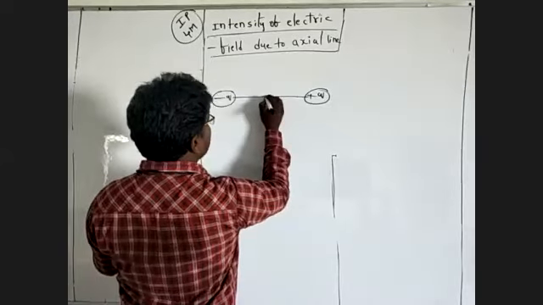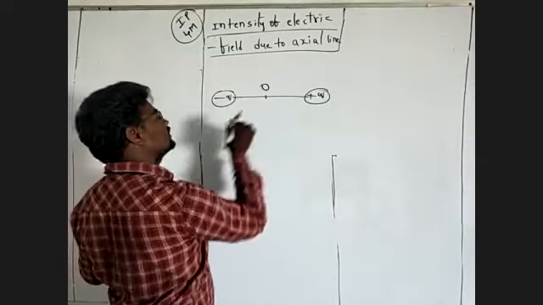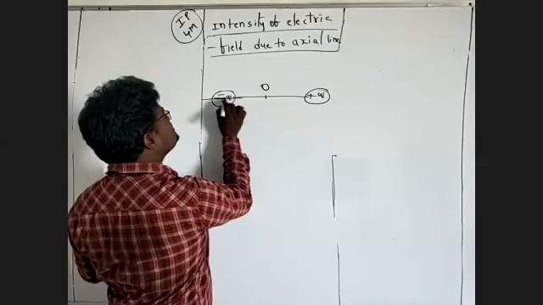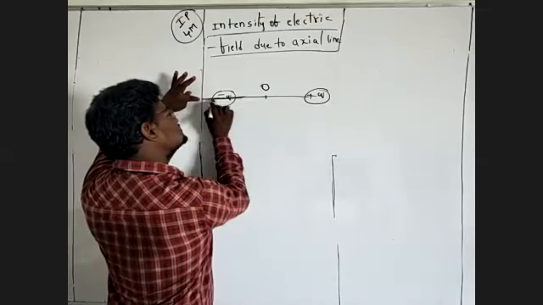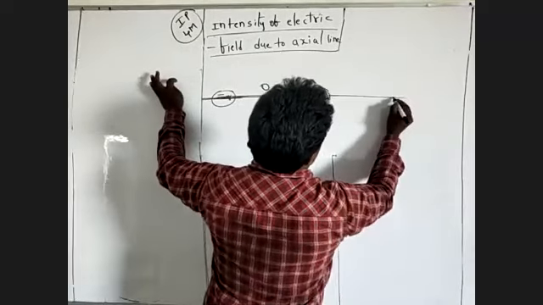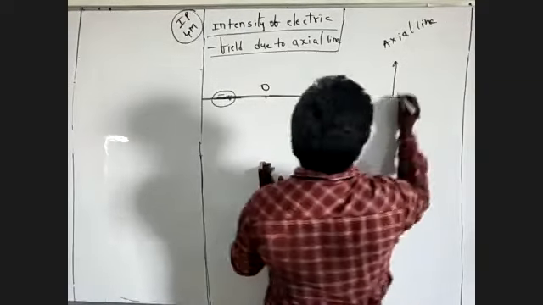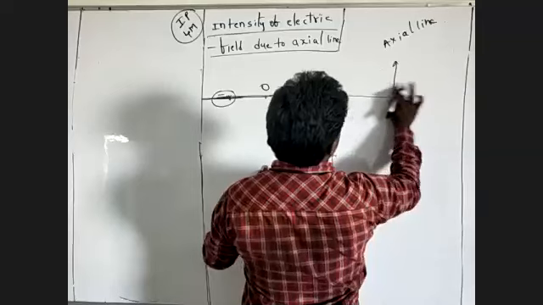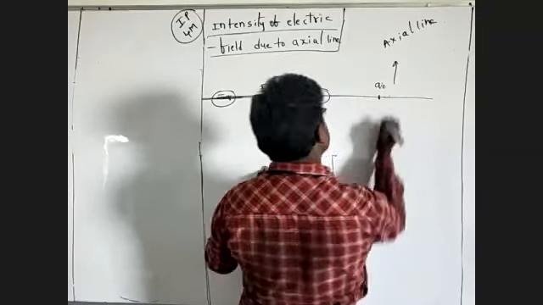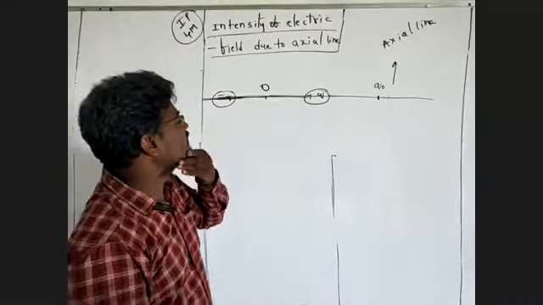This is the center of the dipole. The straight line that passes through the negative charge to the positive charge, we call the axial line. Now I'm placing a test charge Q0 at this point.